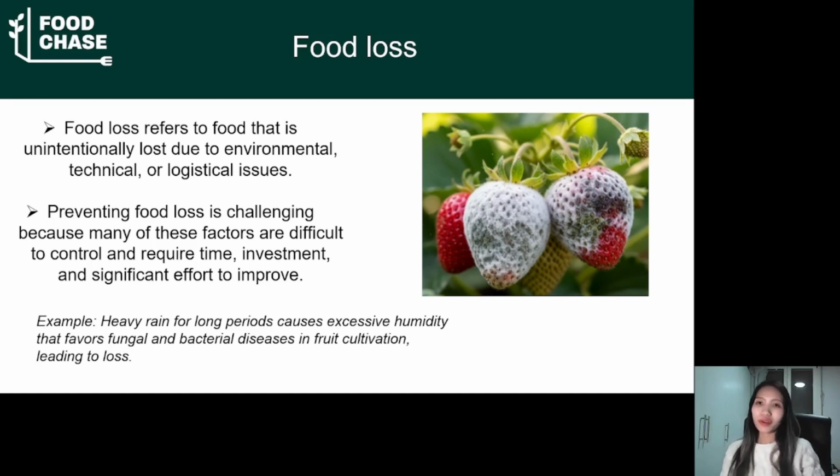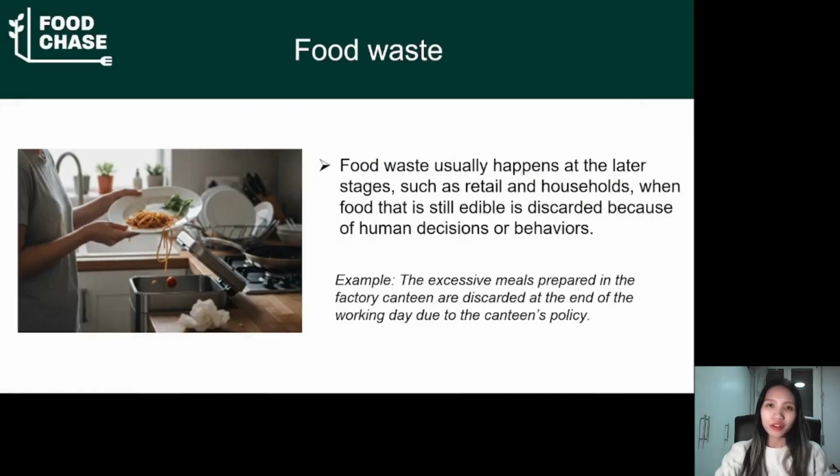For example, you can see the picture on the right, the strawberries are moldy because they are infected by a fungal disease, which is caused by excessive humidity from the heavy rain. On the other hand, food waste usually happens at a later stage, like retail and household, when food that is still edible is discarded because of human decision or behavior.